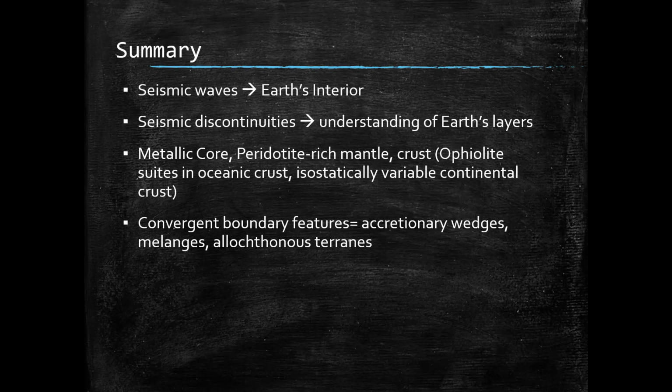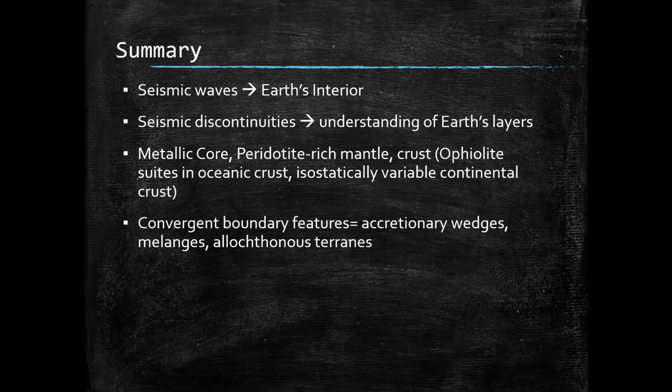At convergent plate boundaries, we saw that chunks of oceanic crust can get obducted onto the continents into what are called accretionary wedges. Accretionary wedges can be part of a melange, which is the area of the continent that not only includes the accretionary wedge, but any rocks that get folded and metamorphosed along the boundary between the ocean and the volcanoes.